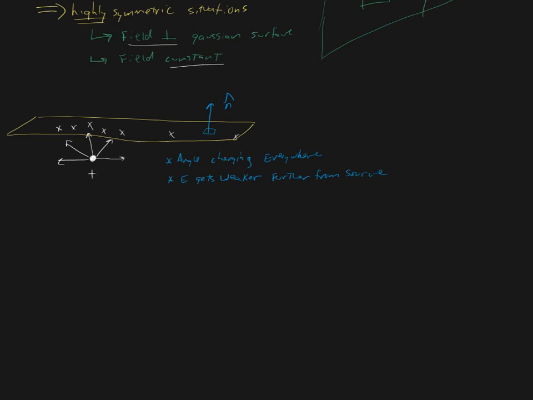So let's take a more formal approach to discussing flux here for a minute, electric flux. And so we know that flux, phi, is defined by E dot A. Now, as a reminder, dot represents the dot product or the scalar product.